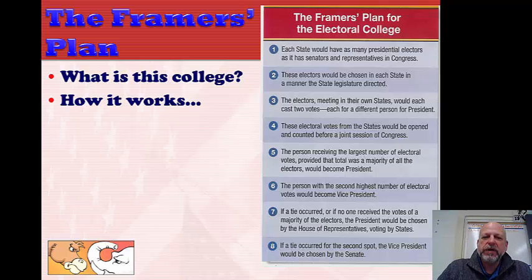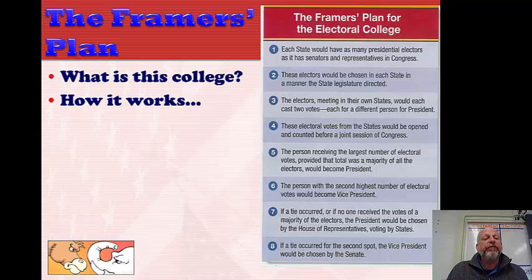Here's how it works. There are 538 electors in the Electoral College, 538 people who actually cast a ballot for president and vice president.